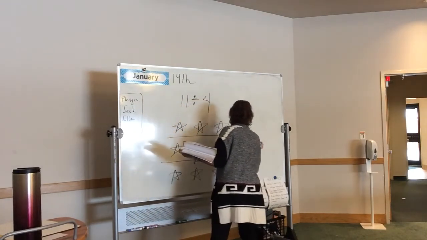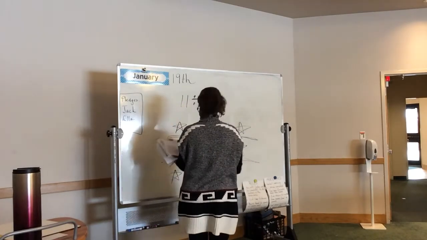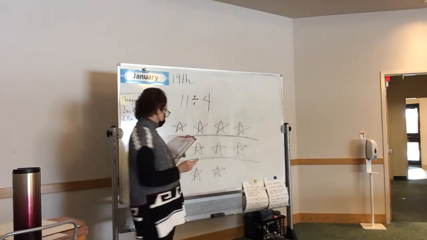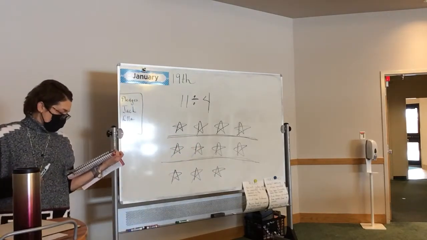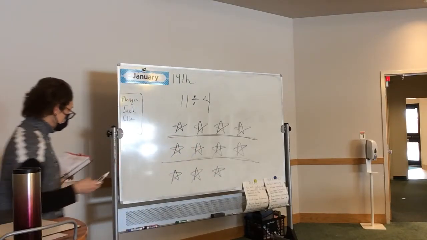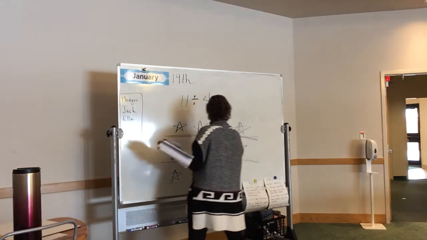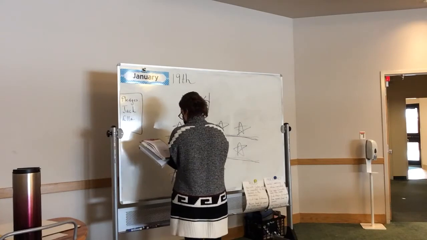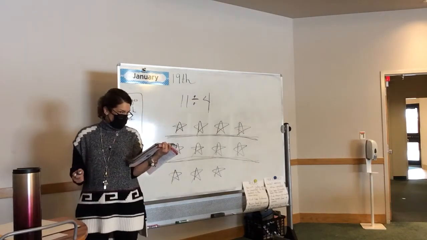This is the right way to do it, because we have 3 left over. So, 2 groups of 4 stars. And how many stars left over? 2.